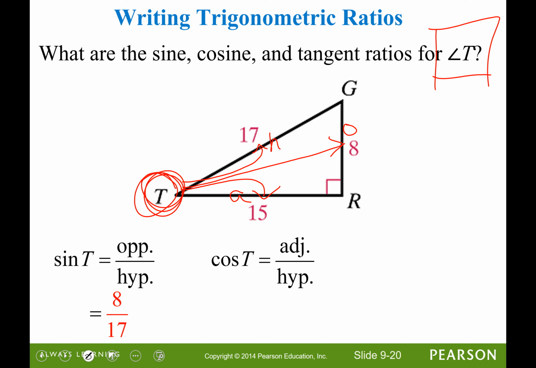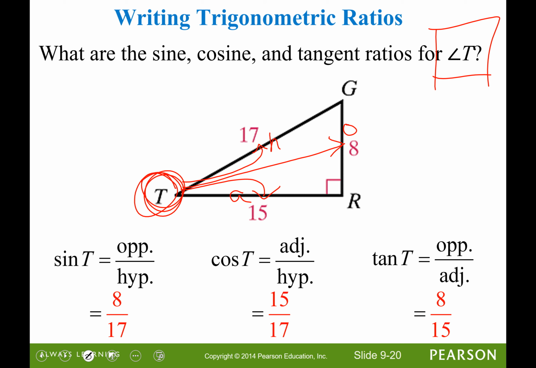Adjacent is 15, hypotenuse is 17. So cosine of T equals 15 over 17. Last one, tangent of T. So write lowercase tan, capital T, and that is equal to opposite over adjacent. Opposite is 8, adjacent is 15, so that would be 8 over 15.